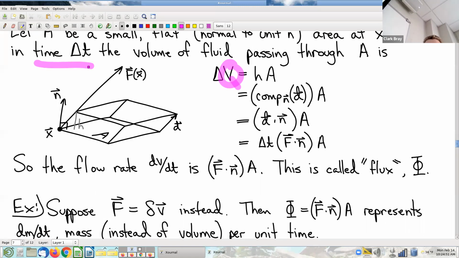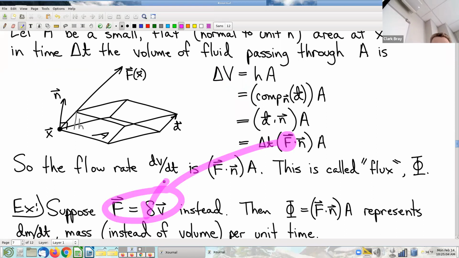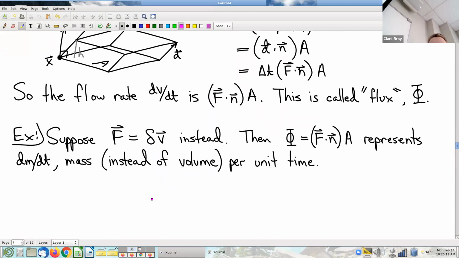Well, the quantity is going to be volume times density. So you add on a factor of density, and that density is exactly what's going to factor in and be part of this F that now represents velocity times density. Right, so I think it's a healthy exercise to go through the calculation on your own.